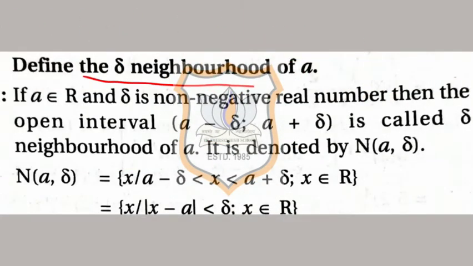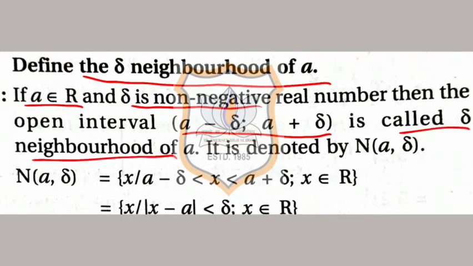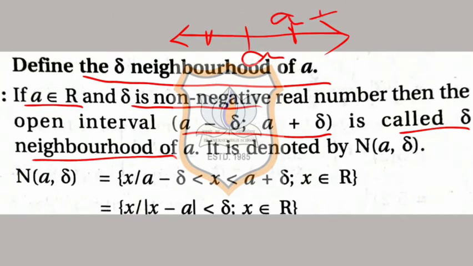We can define delta neighborhood of a, where a is a real number, delta is a non-negative real number, and this (a − δ, a + δ) is called delta neighborhood of a. That means we can say over here, suppose if this is a, these are the two extreme values. So this will be a plus delta value and this will be a minus delta value.